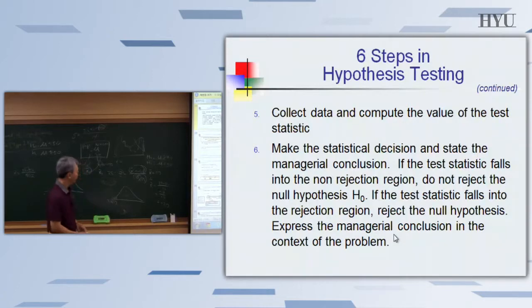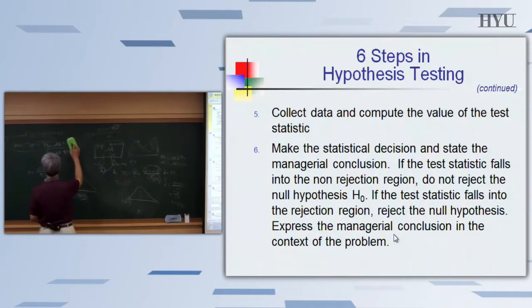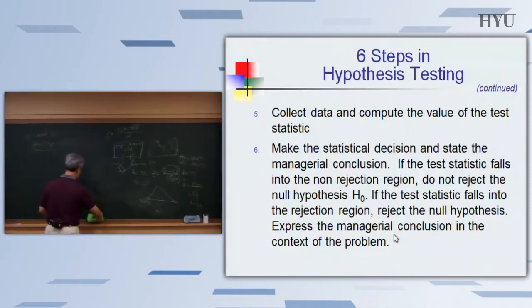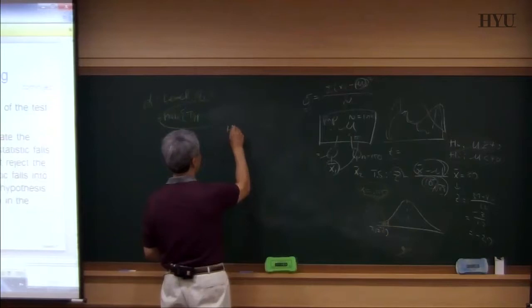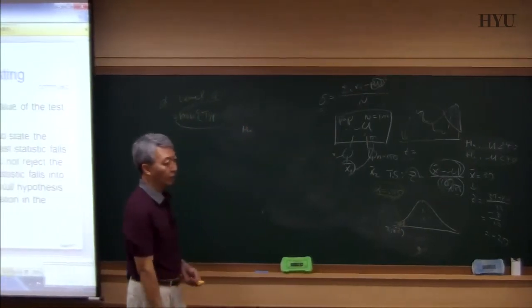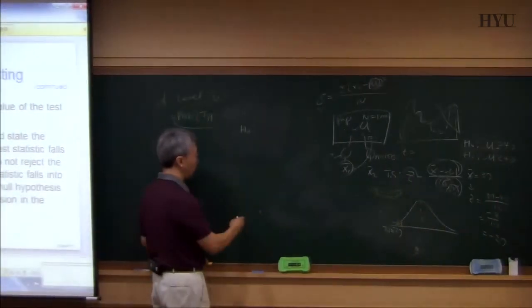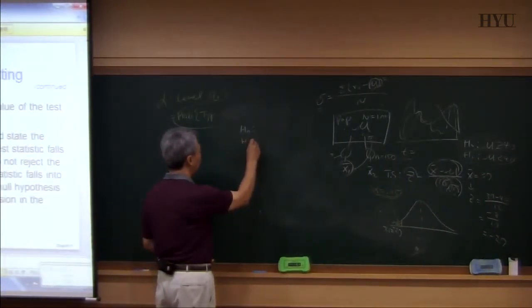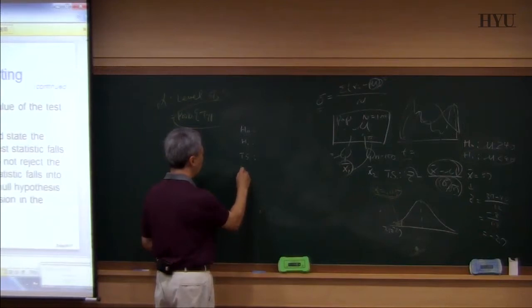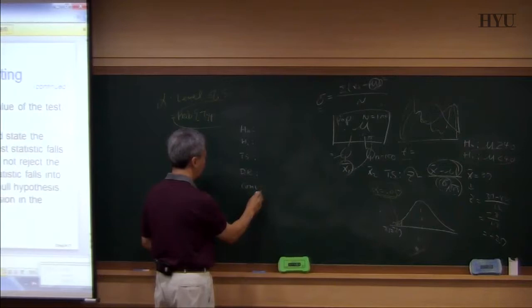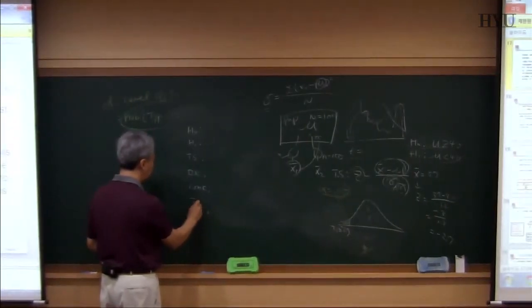And so whenever you run hypothesis testing, you have those 6 components. In your actual test, in my class, I usually give you this: spaces for the null and alternative hypothesis, test statistic, decision rule, conclusion, and finally interpretation.